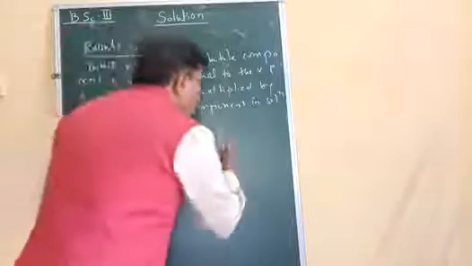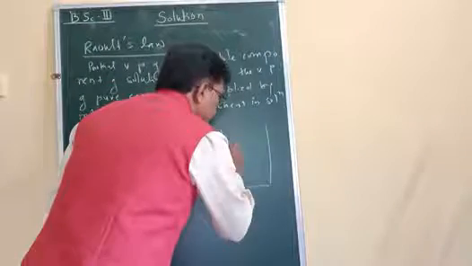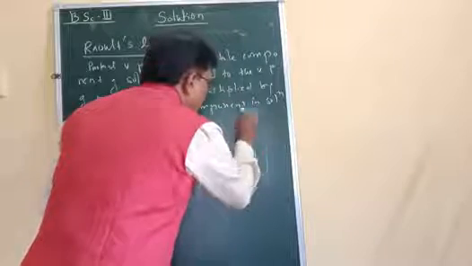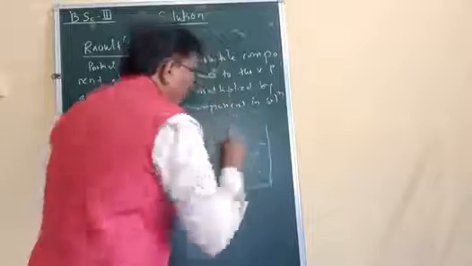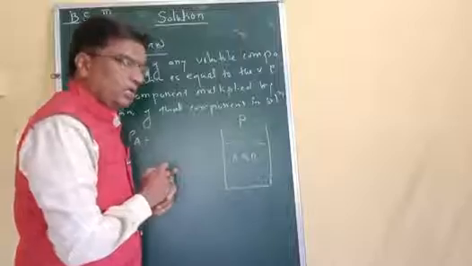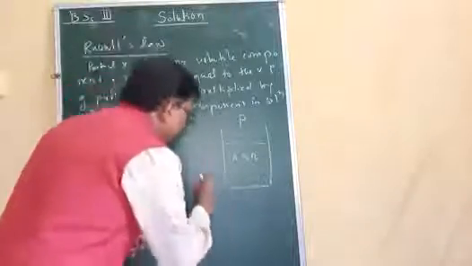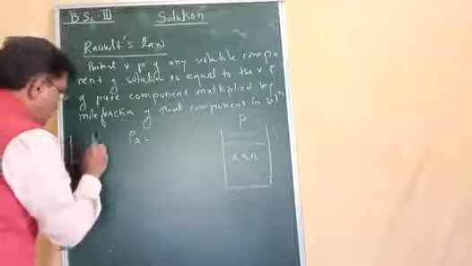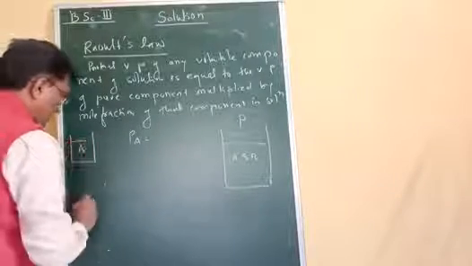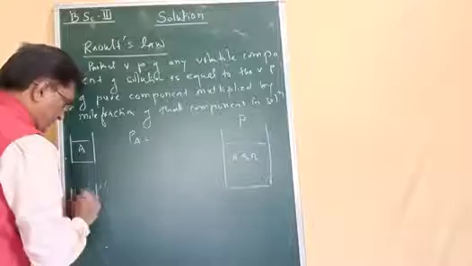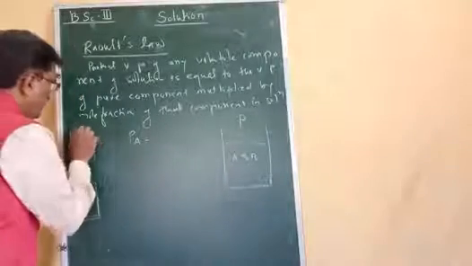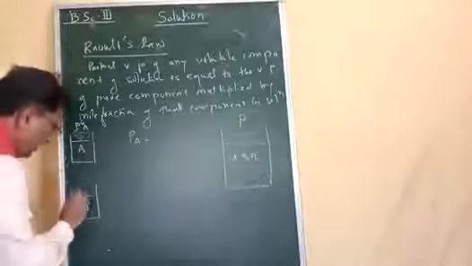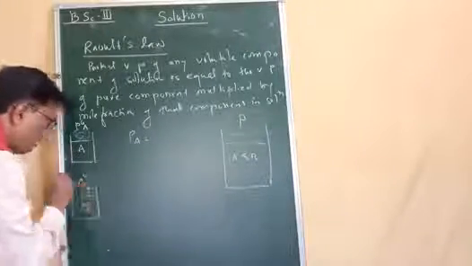Suppose we have the solution of A and B, and here we determine the total vapor pressure. If we take individual component A, individual component B, then here we measure the vapor pressure of pure component A, vapor pressure of pure component B.